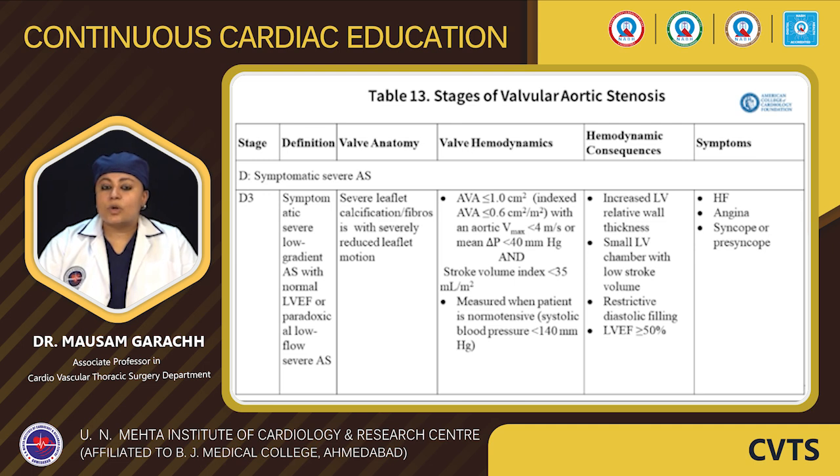Measure when the patient is normotensive, that is systolic pressure less than 140 millimeters of mercury. The consequence would be increase in the LV relative wall thickness, small LV caliber with a low stroke volume, restrictive diastolic filling, and the EF would be greater than 50%. The symptoms would be heart failure, angina, syncope or presyncope.